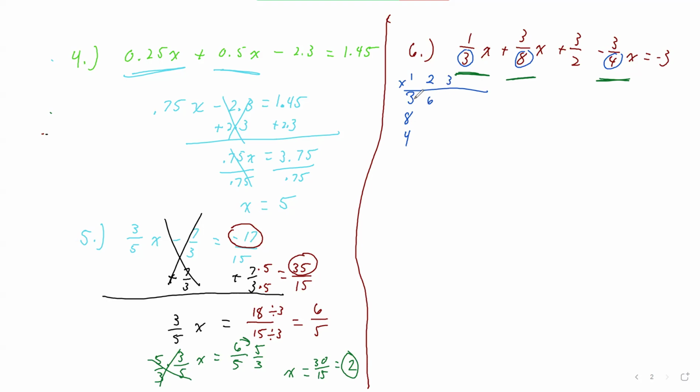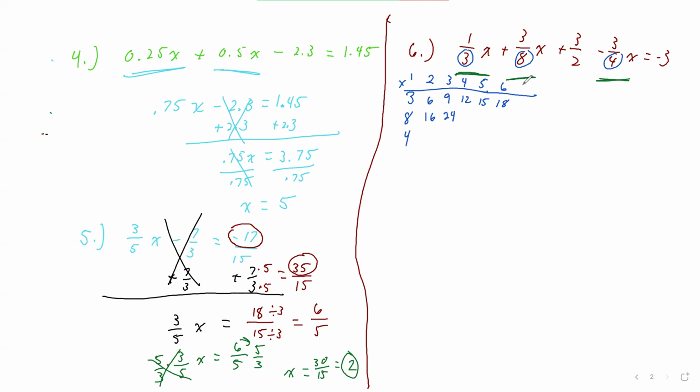3 times 3, 9. Now it's bigger, so now I'm going to come over here and try to catch up. So 2 times 8, 16. Oh, now this one's bigger, so now I come back over here. 4 times 3, 5 times 3, 6 times 3, 18. Now it's bigger, so I come back over here. 3 times 8, 24.